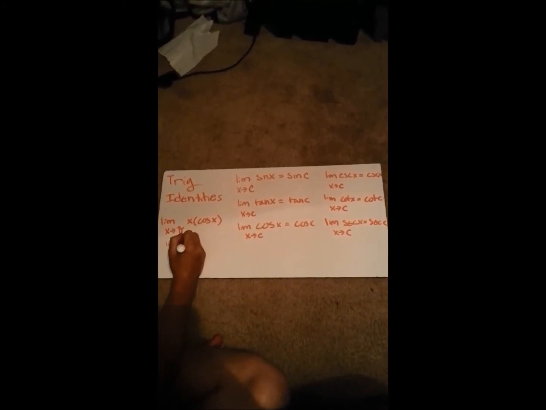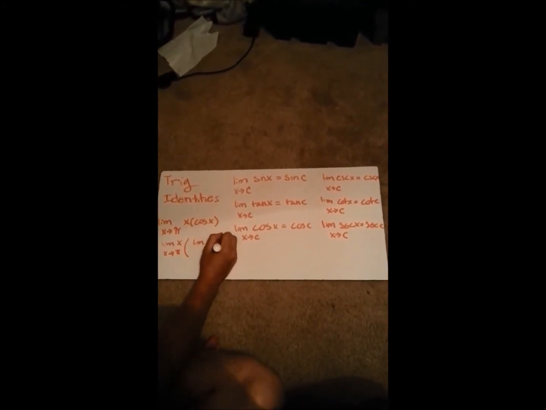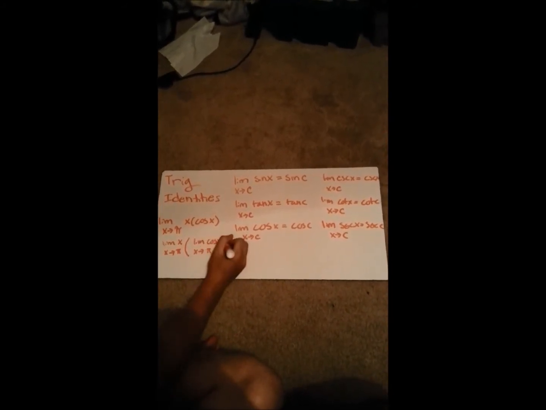Here in this problem, we have the limit of x times cosine x as x approaches pi. To solve this, we'll use the product rule. First, we'll take the limit of x as x approaches pi times the limit of cosine x as x approaches pi.